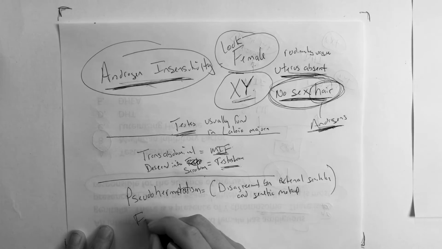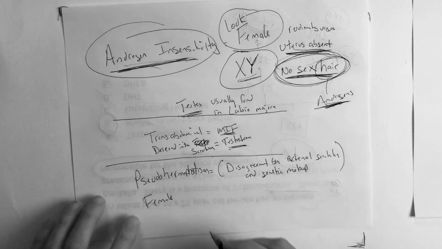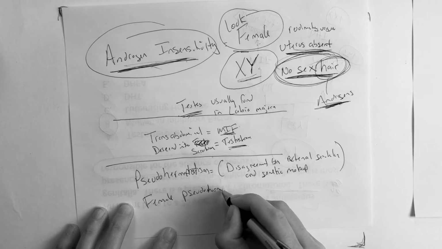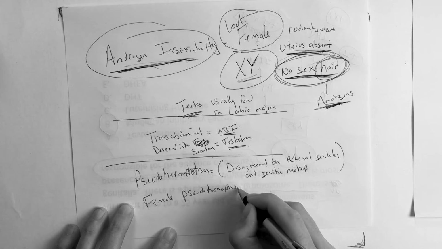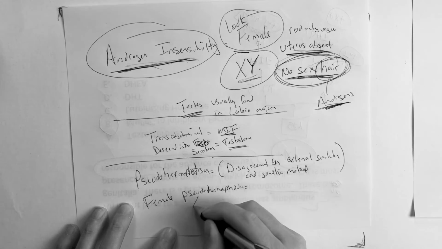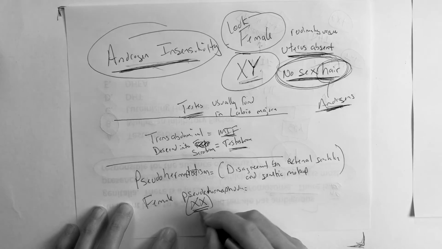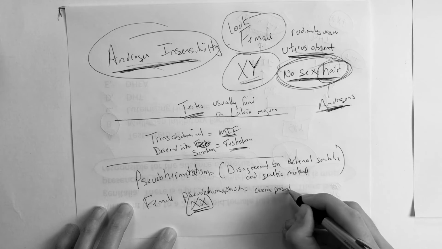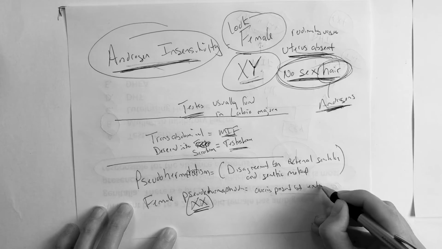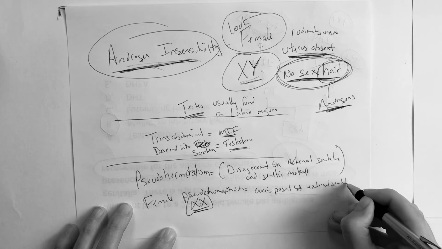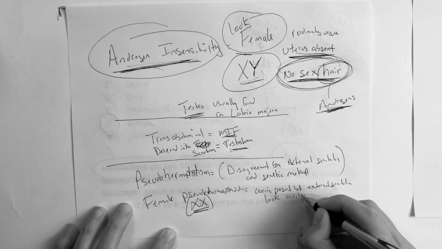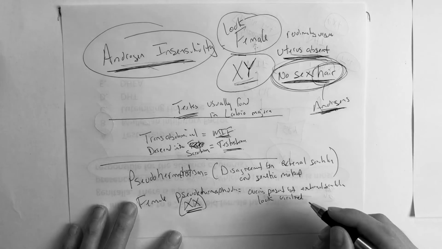So with a female pseudohermaphrodite, they're an XX, right, because they're female. So you have ovaries present, but the external genitalia look, they call it virilized, not totally like a female, but it could be like a male.